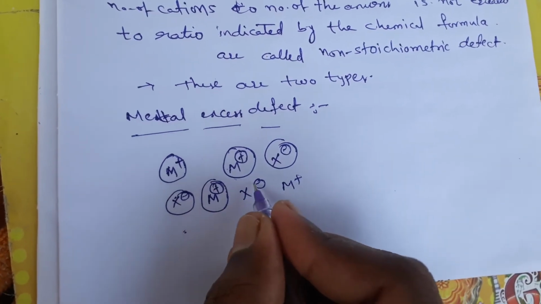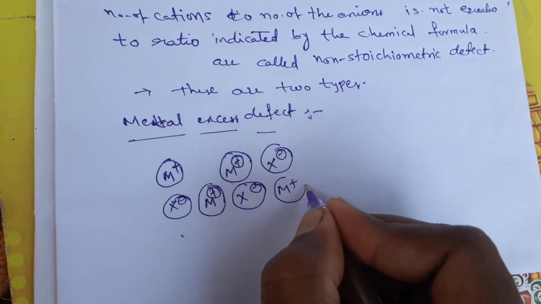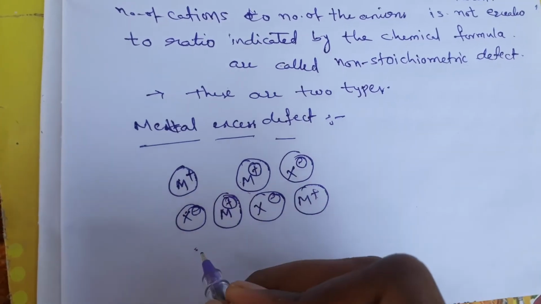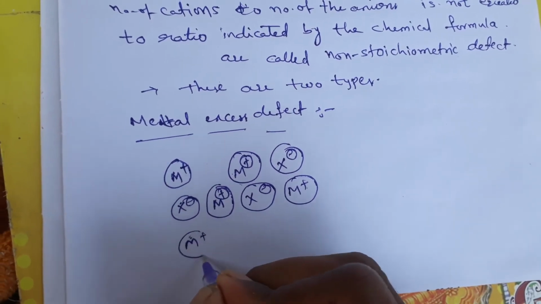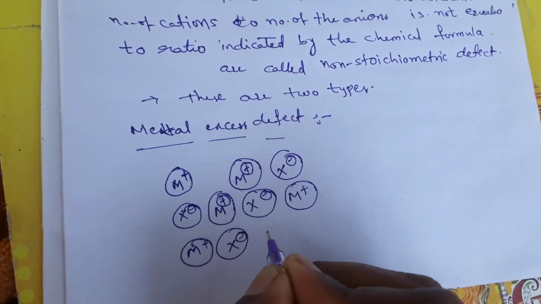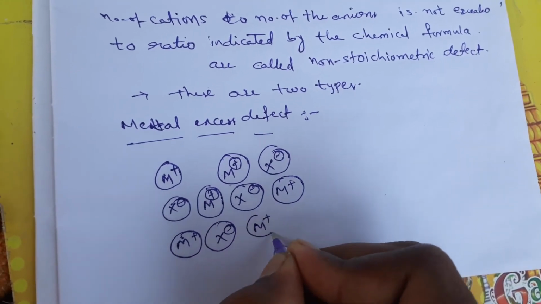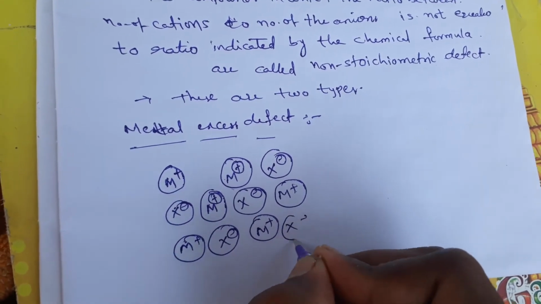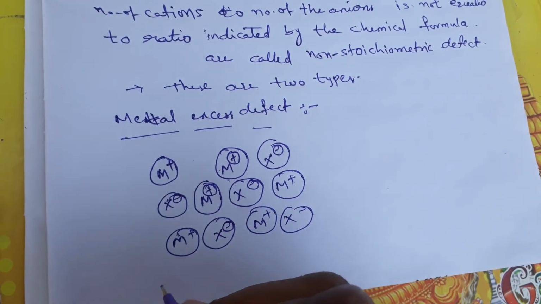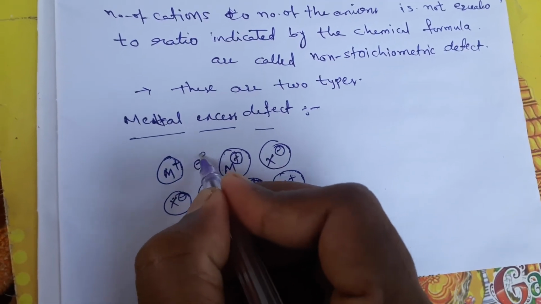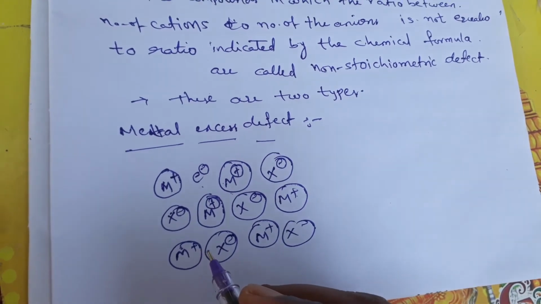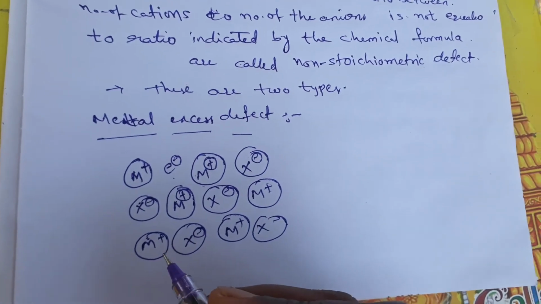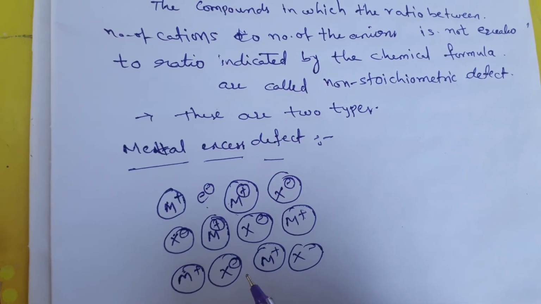Next, if you think, so here M plus X minus and M plus X minus, here excess of electrons are present, so these are called F centers.